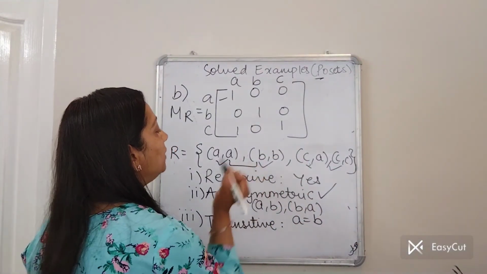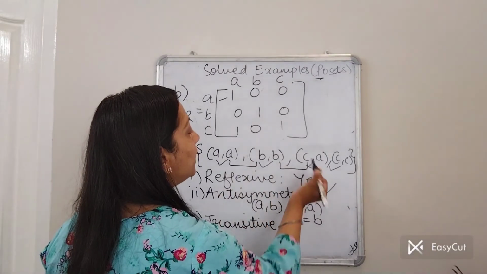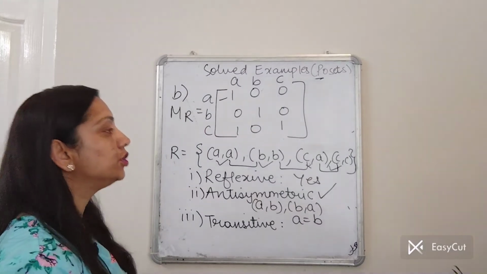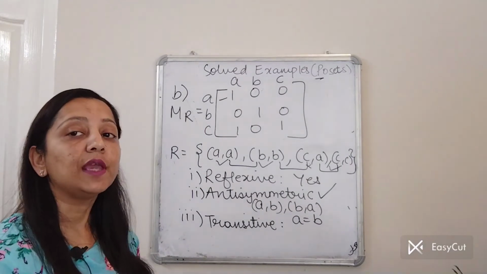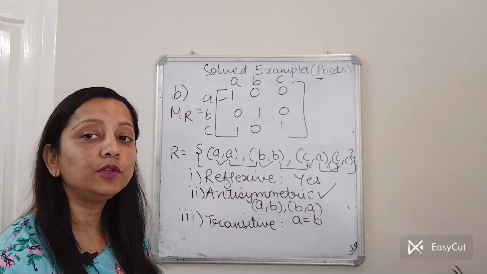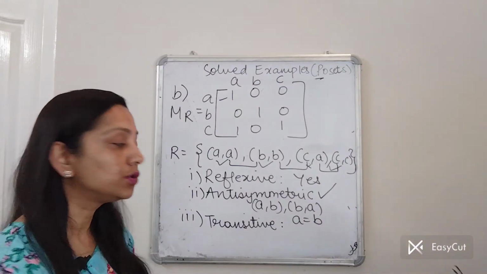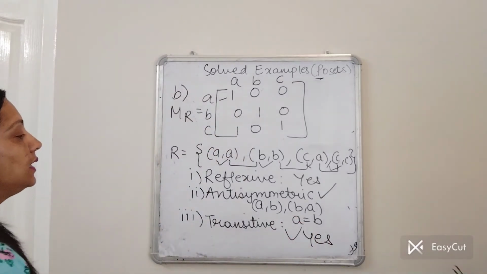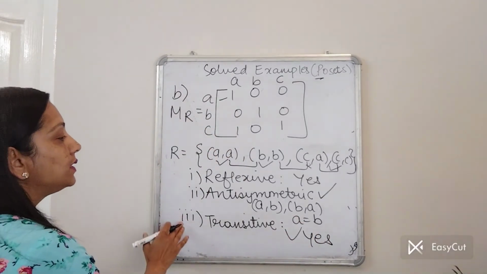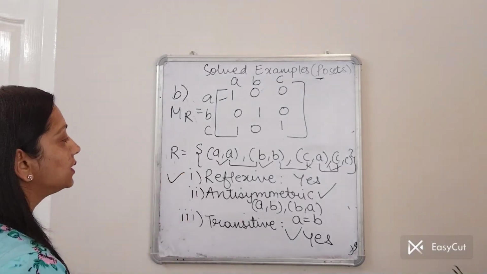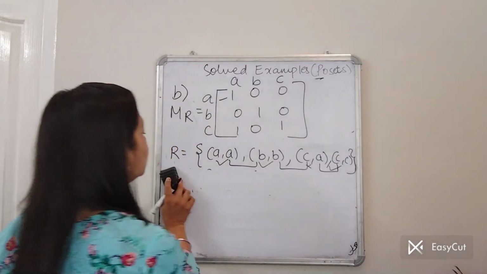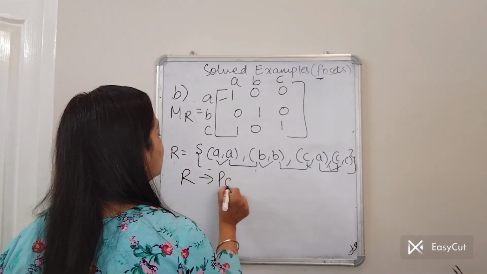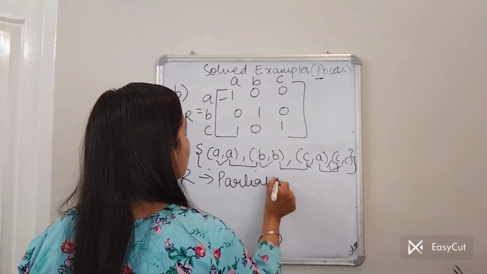So there is no question of a common element. That means if AB and BC do not exist, then we do not require any AC to exist also. So by default it becomes transitive. So I can clearly say that it is reflexive, antisymmetric, and transitive also. So here also I can say that the relation R is a partial order.